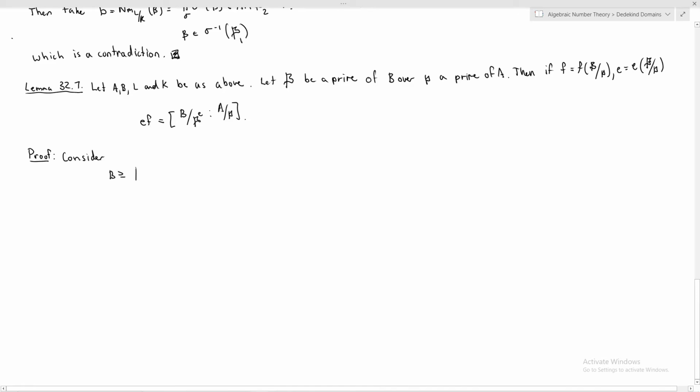Start with B, then you look at 1 power of P, then 2 powers of P, all the way down to E powers of P. And you want to look at an arbitrary quotient. So basically we're going to compute the dimension of the whole quotient by computing the dimension of each subquotient.